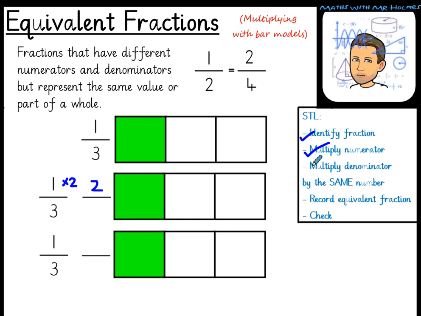We now multiply the denominator by the same number. We times by 2. We record the equivalent fraction. 3 times 2 is 6. And 1/3 is equivalent to 2/6.